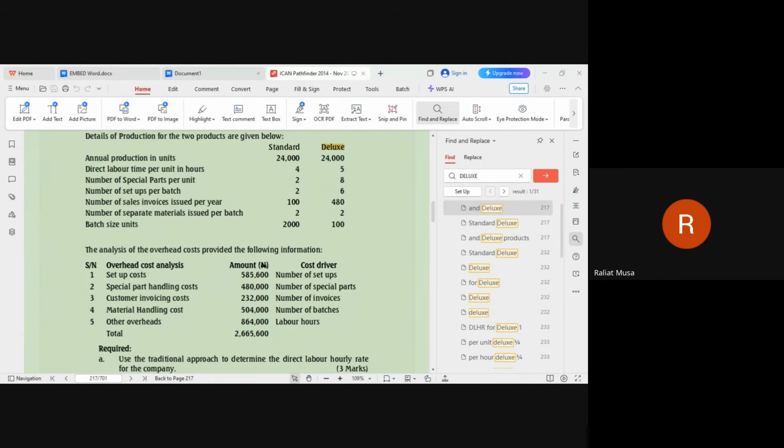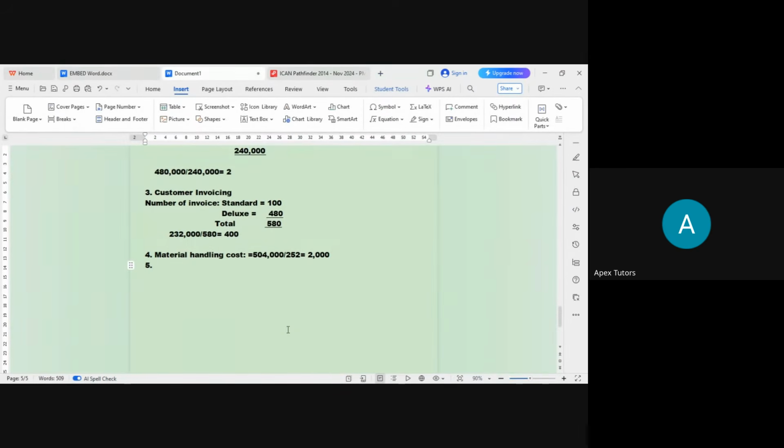That's 864,000 divided by the total of the standard and the loss. That's 24 times 4, 24 times 5. Then add it together, divide, then you get your overhead. All right. Thank you very much. And that is it.